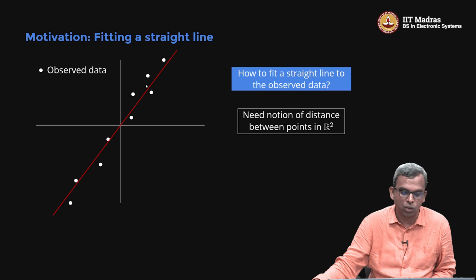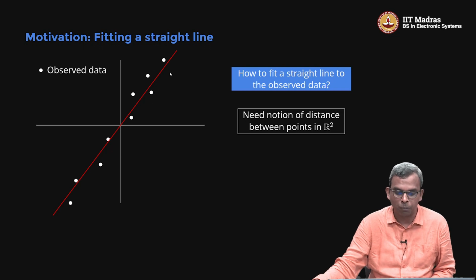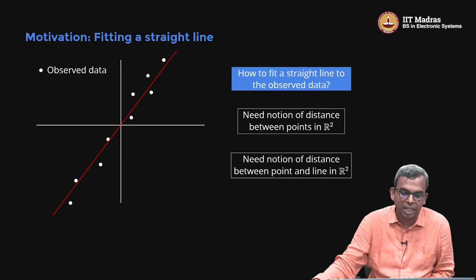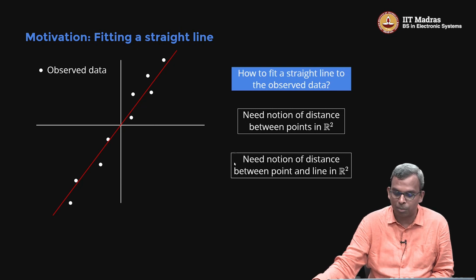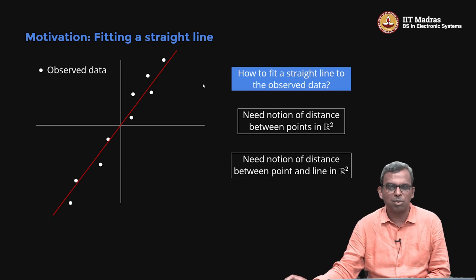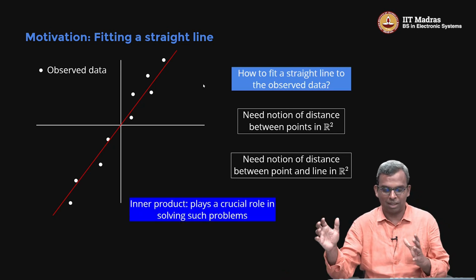How far are these two points? We also need some notion of a distance from a point to a line. I need to know how far this point is from this line. This seems very close, this seems a little far, this seems a little farther. What is that distance notion? This notion of distance is needed, and a notion of some sort of angle is also needed. What is the angle of these things?